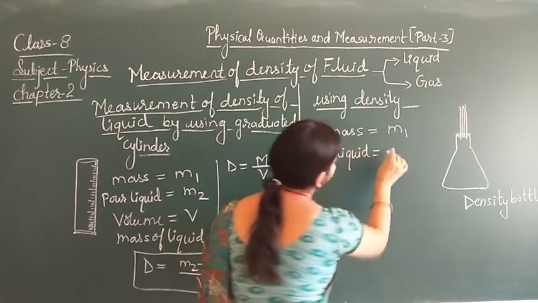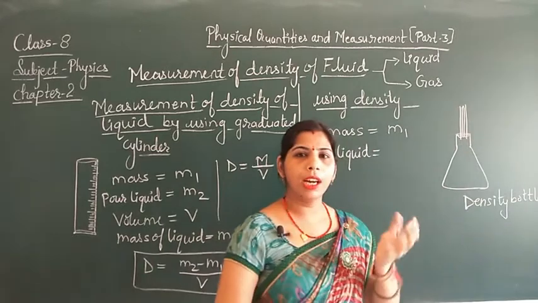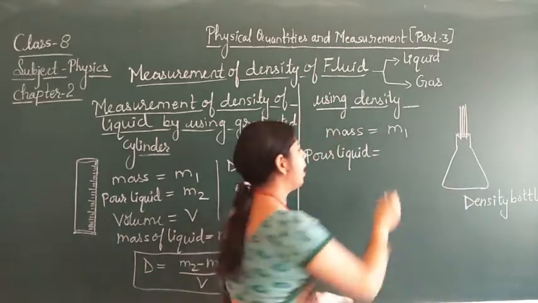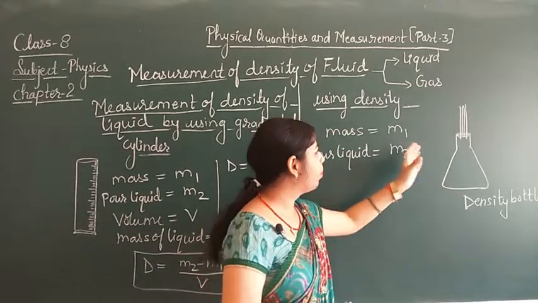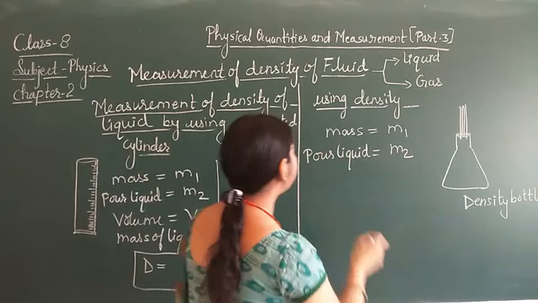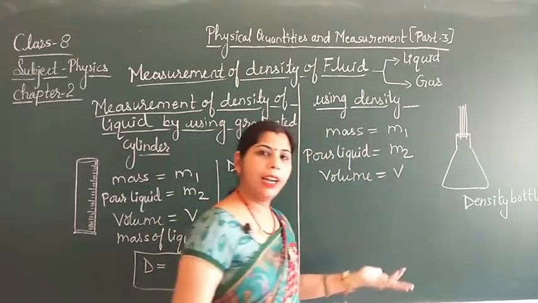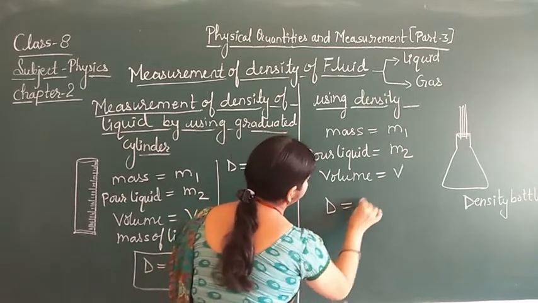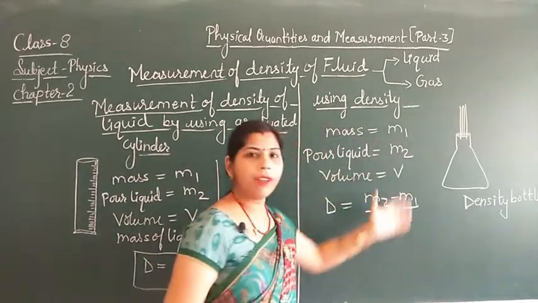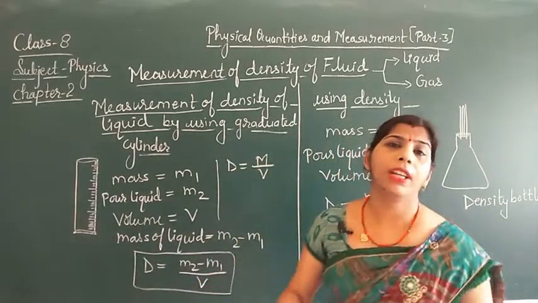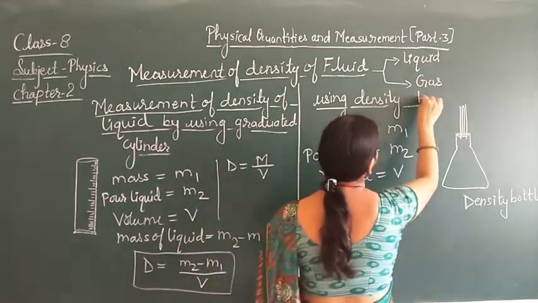After pouring the liquid, the excess liquid will overflow, then clean the bottle with blotting paper and measure its mass, then the mass will be M2. And the volume after pouring the liquid, that means the volume of the density bottle, will be V. Again the formula is the same, density is equal to M2 minus M1 divided by V. In this way we can measure the density of liquid by using the density bottle as well as by using the graduated cylinder.